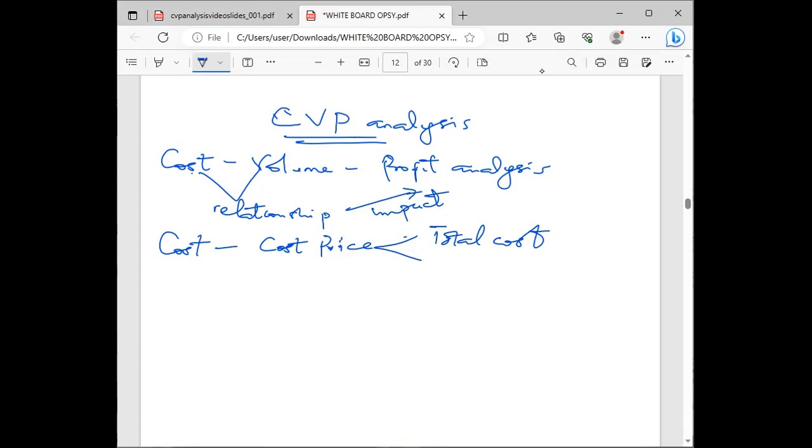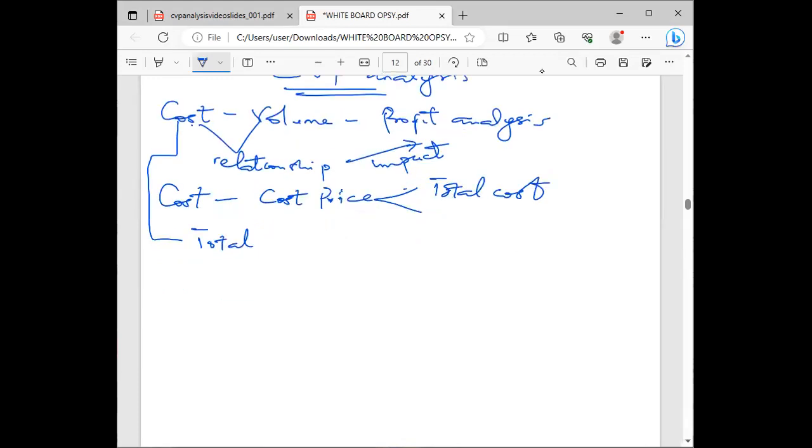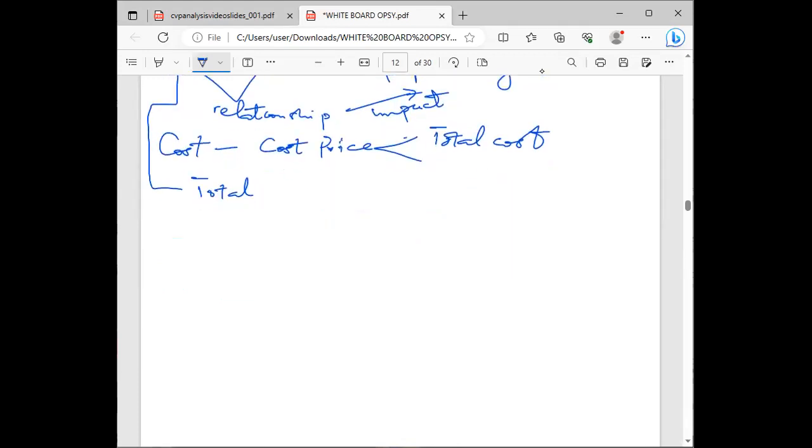So in essence, when you see cost here, what I'm referring to is total cost. And what makes up total cost is the summation of total variable cost and total fixed cost.